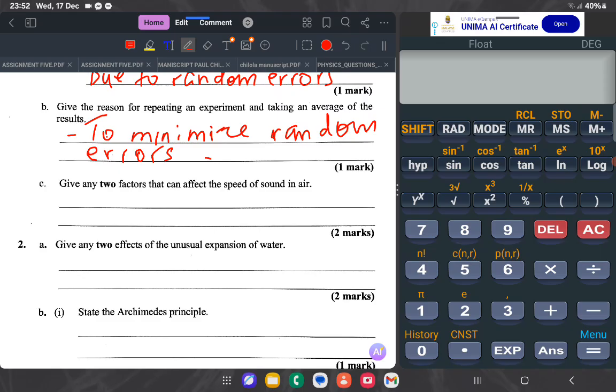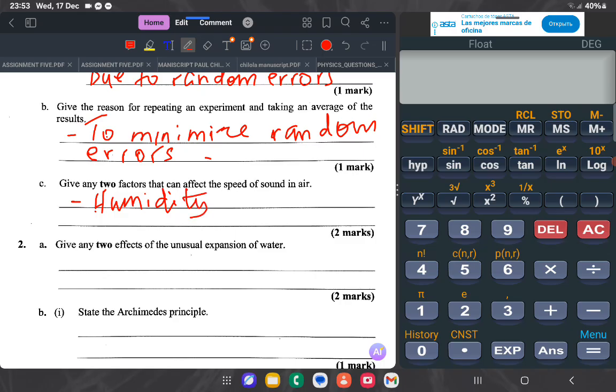Part C, give any two factors that can affect the speed of sound in air. The speed of sound in air can be affected by a number of factors. It can be affected by humidity of air.